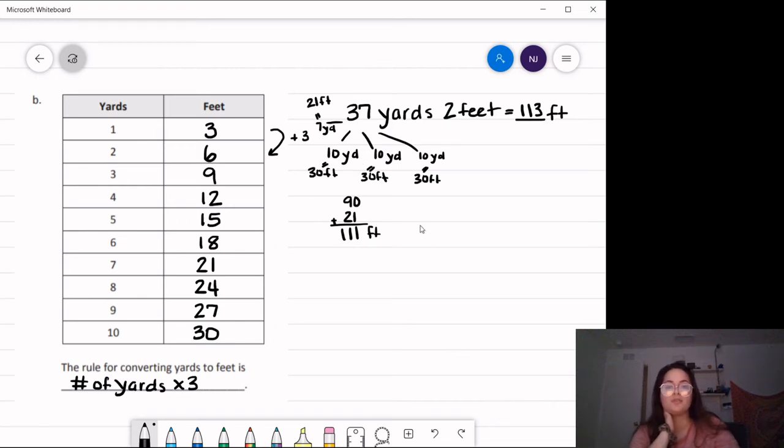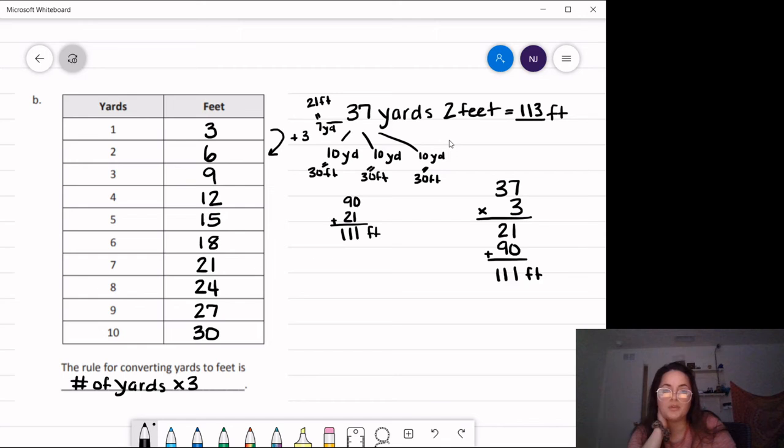So I kind of broke it up into chunks to make it easier. You could have also said, oh, well, following our rule, we would take the number of yards times 3. So I could do 37 times 3. 3 ones times 7 ones is 21. 3 ones times 3 tens is 90. Add it all together, you still get that 111 feet. Can't forget to add on the 2 feet I had to begin with. That's still part of our work.